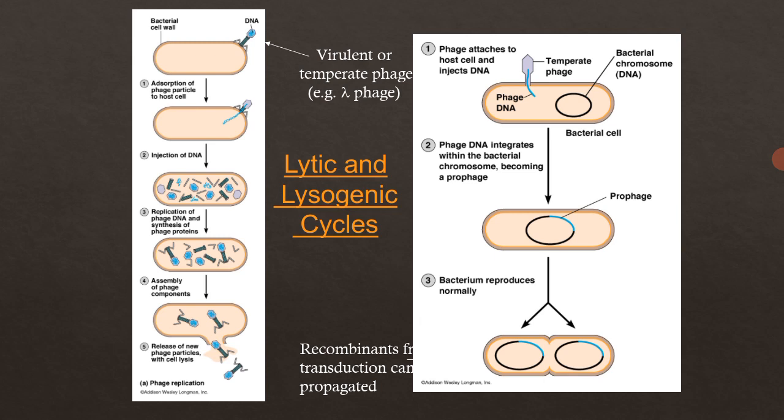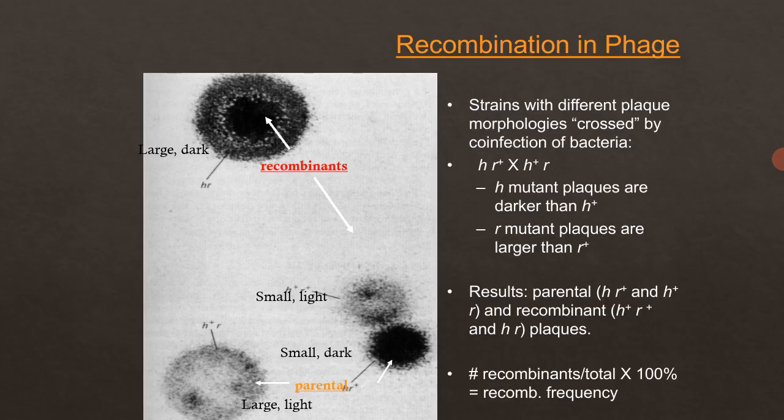So these are the most basic two cycles through which the virus is multiplied: the lytic cycle, that is the left hand side, and the second one is the lysogenic cycle, okay. Now after that, we will come to the topic called recombination in phage, okay.